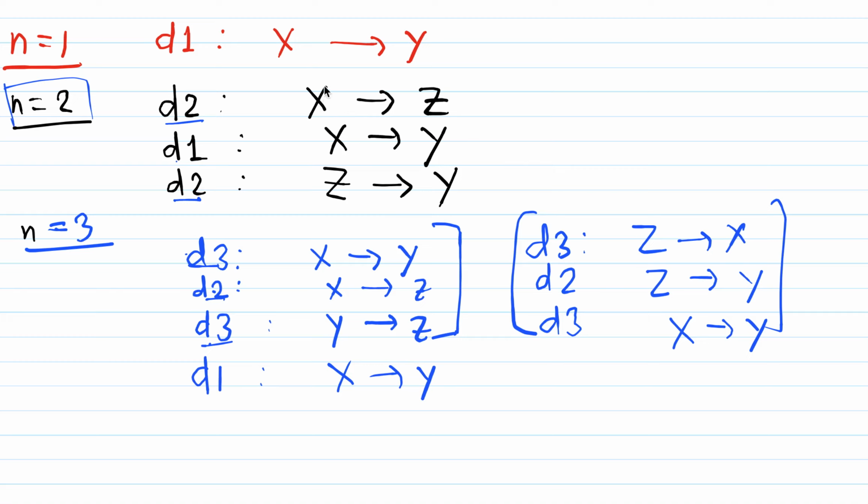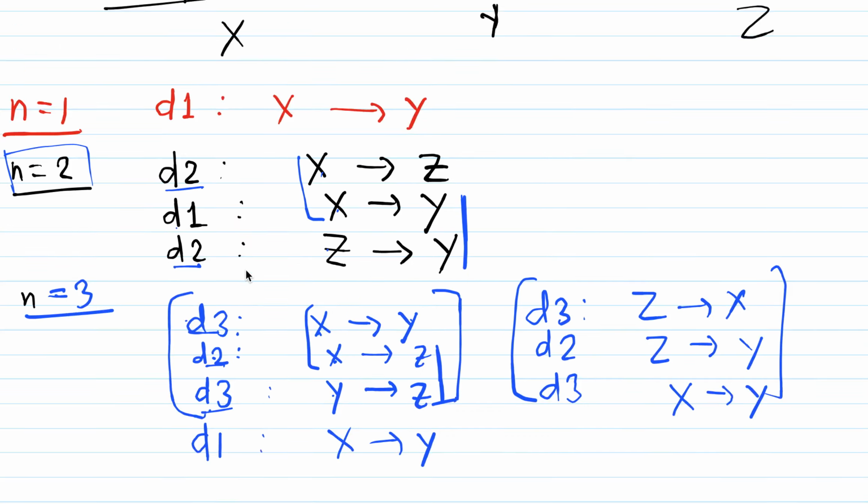Now let's look at the source and destination. X, X, X, X. That is, these two are same. These two are same here also. Then these two are same. This one is different. This is different. These two are same. And this and this are same. Z and Z, Y and Y. So this is a special case of this.